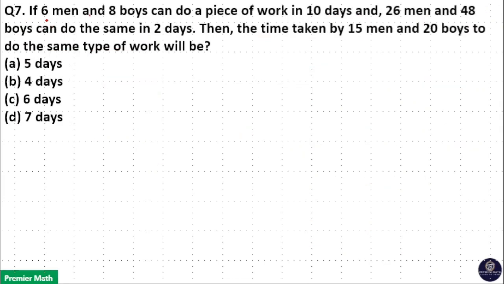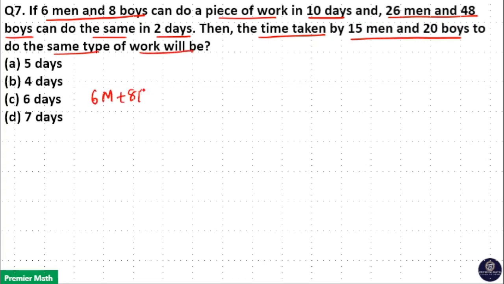If 6 men and 8 boys can do a piece of work in 10 days and 26 men and 48 boys can do the same in 2 days, then what is the time taken by 15 men and 20 boys to do the same type of work? Here 6 men and 8 boys can do a job in 10 days and 26 men and 48 boys can do the same job in 2 days.